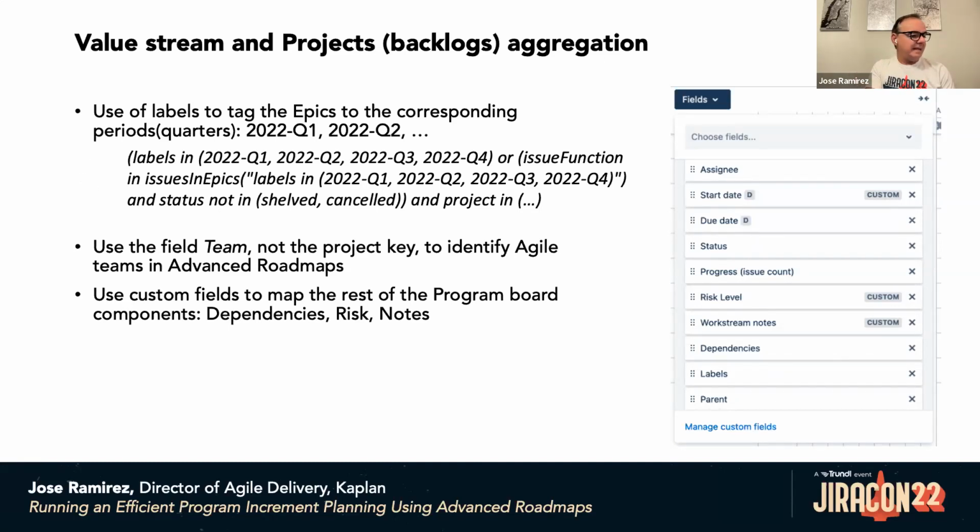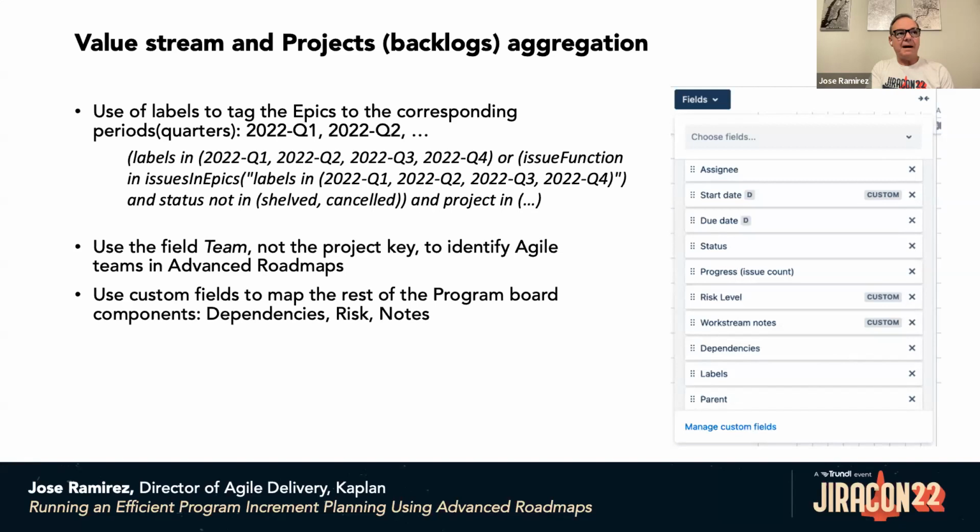And again, why labels and not components? Because labels are global. We can define the first use of the label, and then all the teams can use the same label. The labels can be created in an automatic fashion. So we can have an automation that based on a date, new labels can be created.